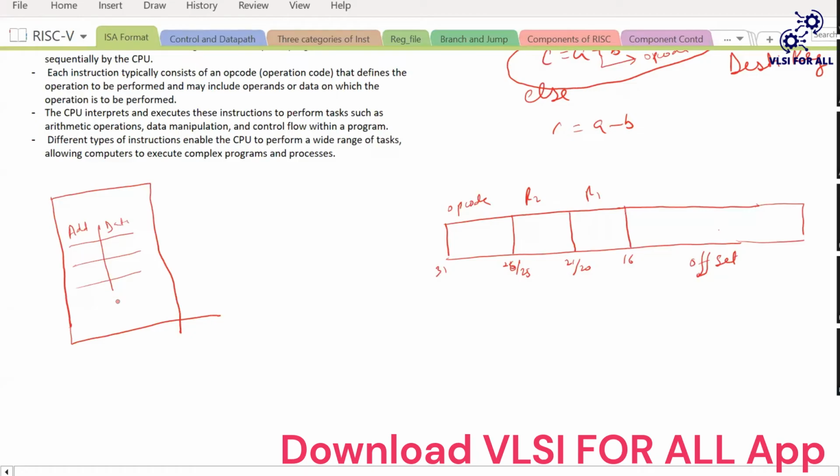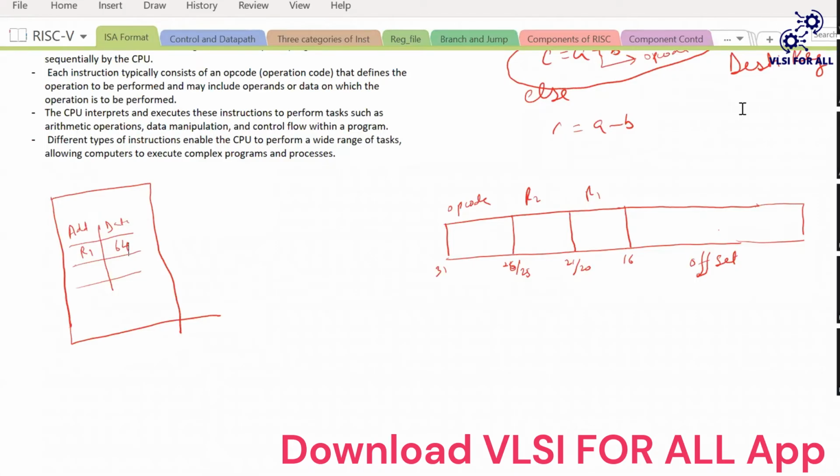Fine. This is let's say R1, and it has a data of 64. So while loading the data, what happened?